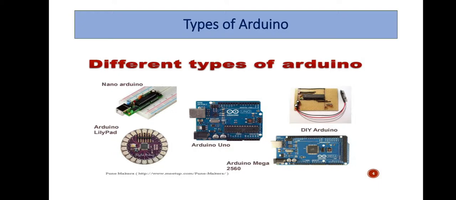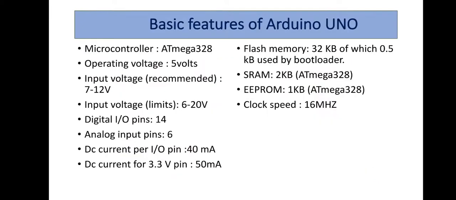If your project is small, and you need to attach very few components, you can use Nano, because Nano has fewer pins. Or for basic learning purposes, you can use Arduino UNO or Arduino Nano, any one you can choose.